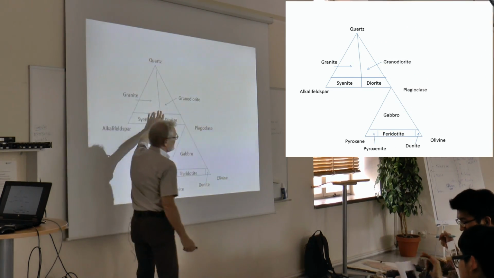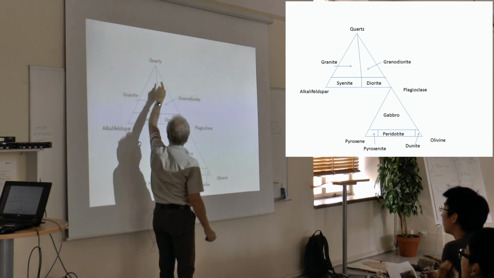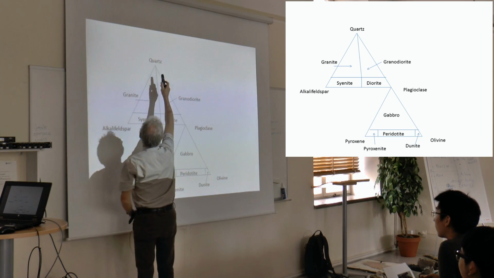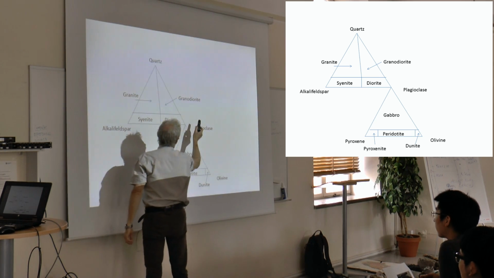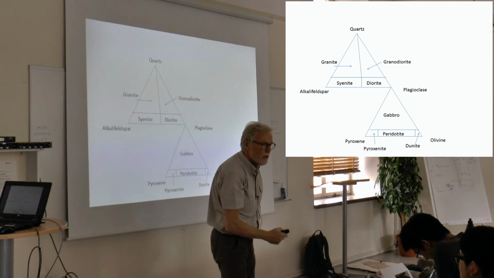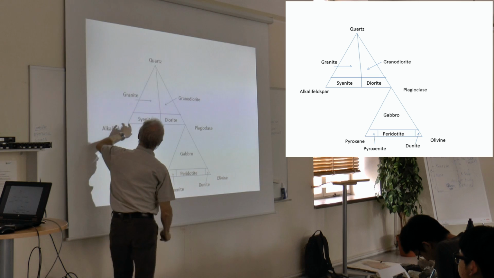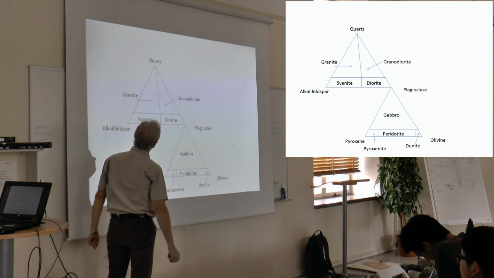This is another triangular diagram. I've written down some quartz. We have this plagioclase that is sodium and calcium feldspar. We have it here, and we have alkali feldspar here, potassium feldspar.